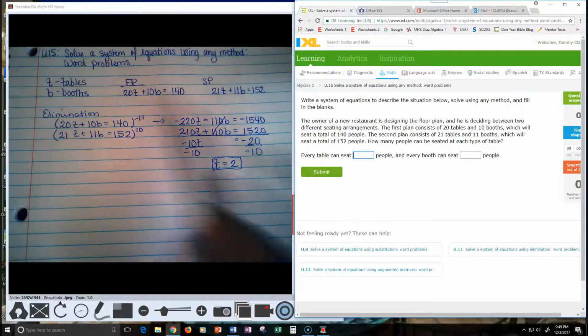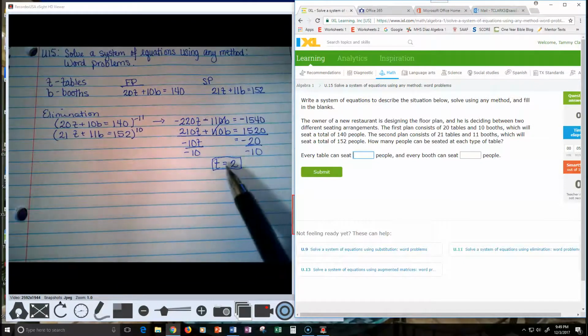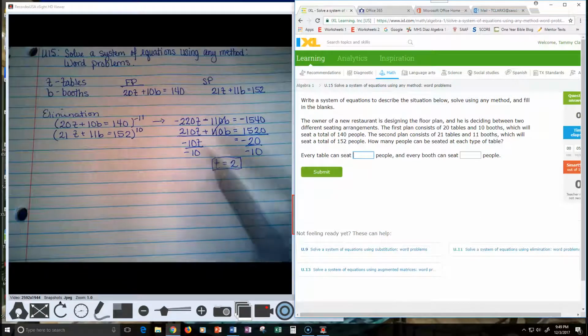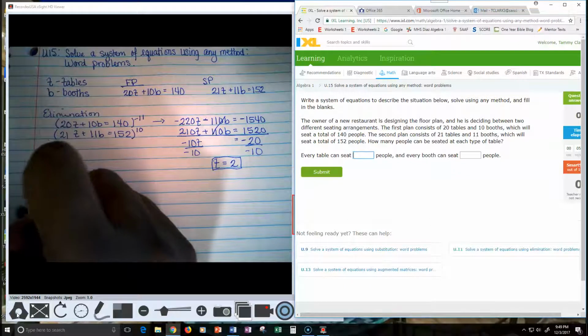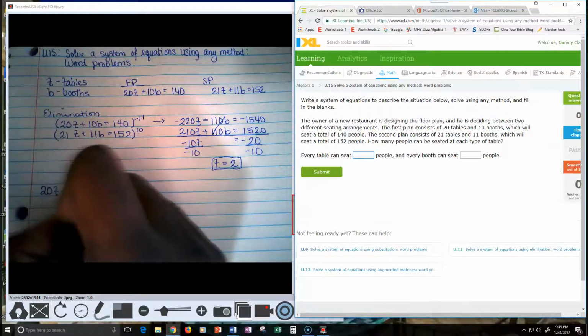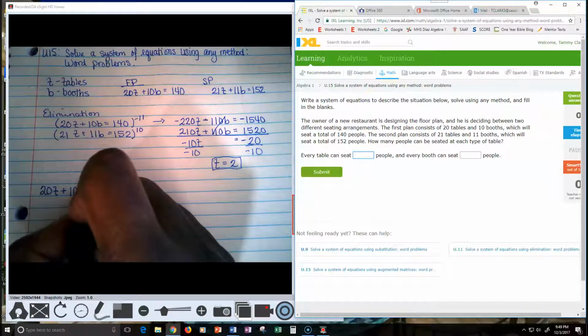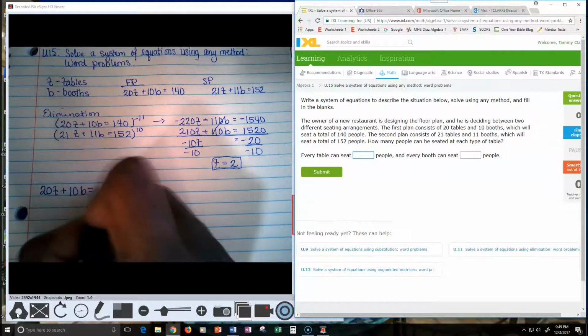So I'm going to come back to my original equations and substitute the number that can sit at the table. I think I'll use the first plan. So 20 times the number of people that can sit at a table, plus 10 times the number of people that can sit at a booth, is equal to 140.